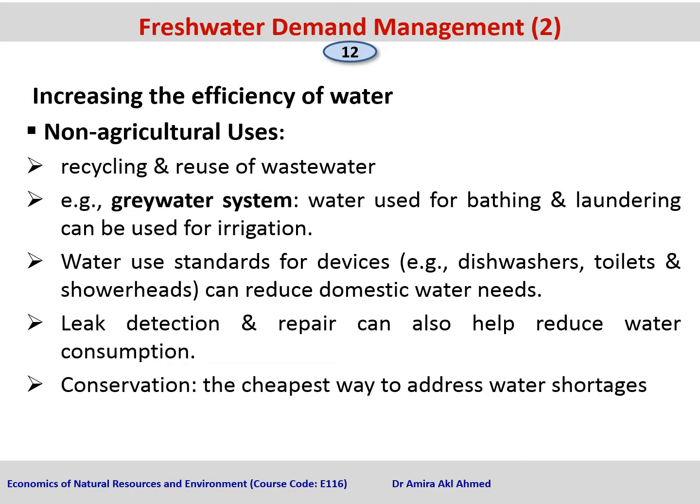Water use standards for devices such as dishwashers, toilets, and showerheads can reduce domestic water needs. Moreover, leak detection and repair, especially in municipal water supply lines, can also help reduce water consumption.